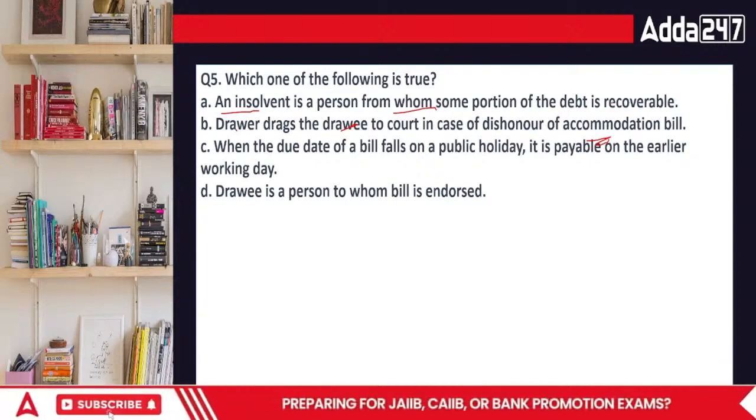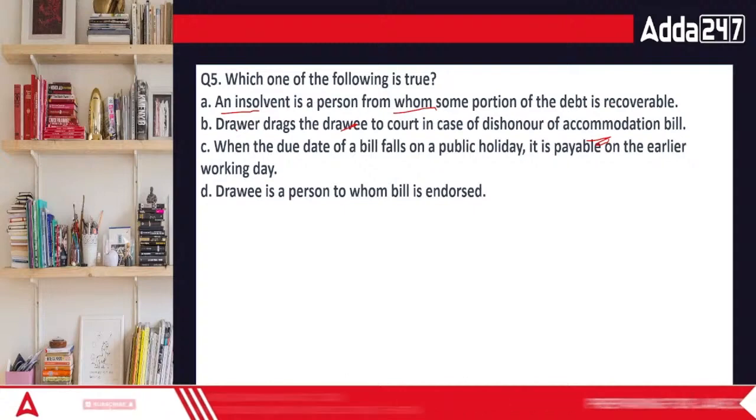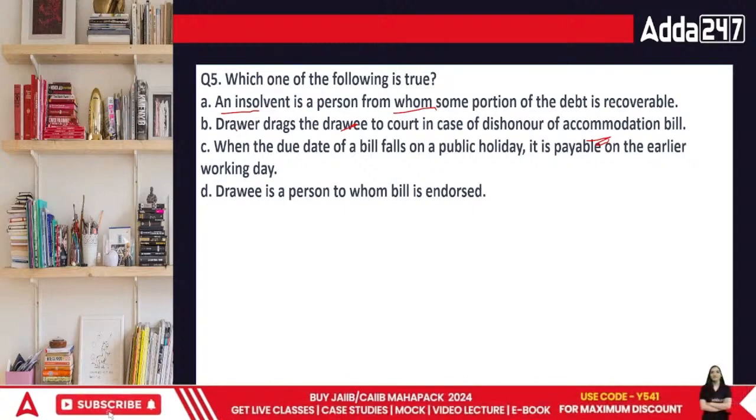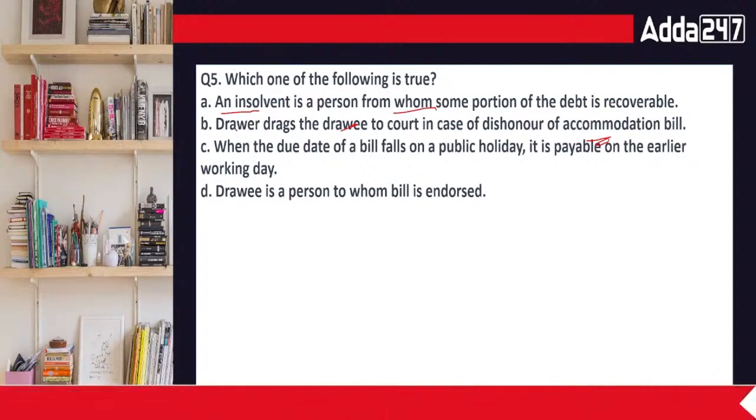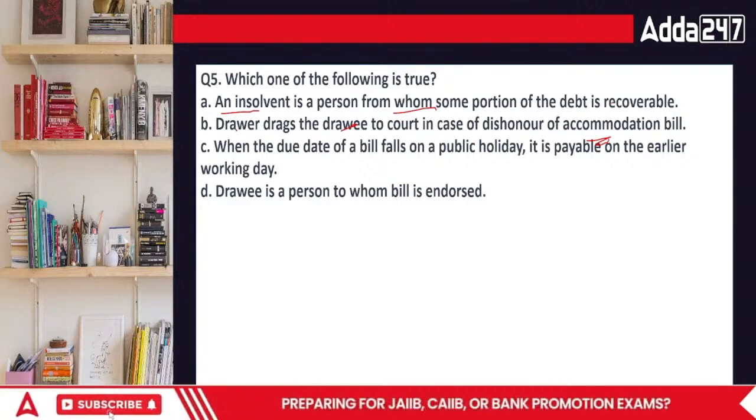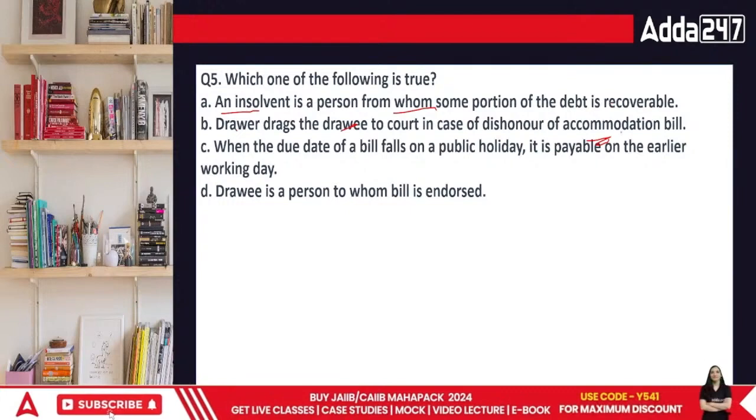No, that's not correct. One of the basic things regarding this particular bill of exchange is that in case there is a public holiday, you already know that this particular day is going to be a public holiday.